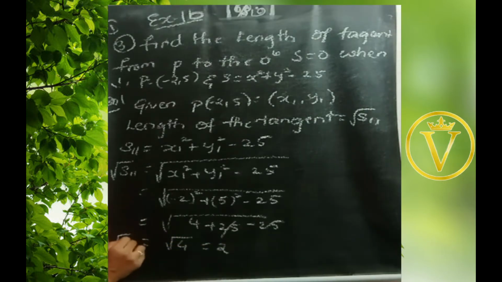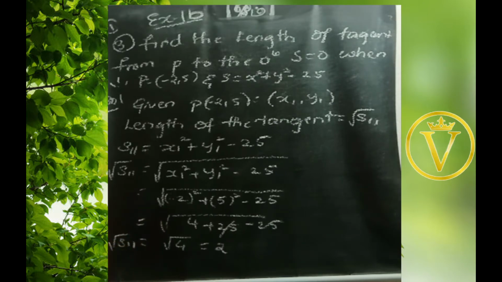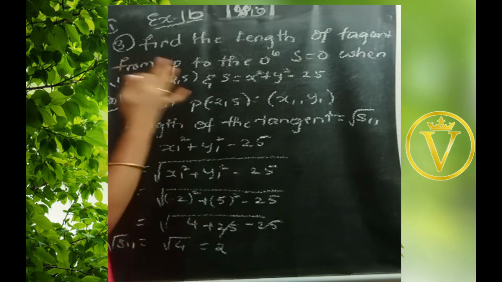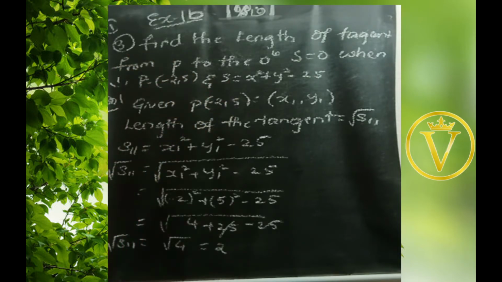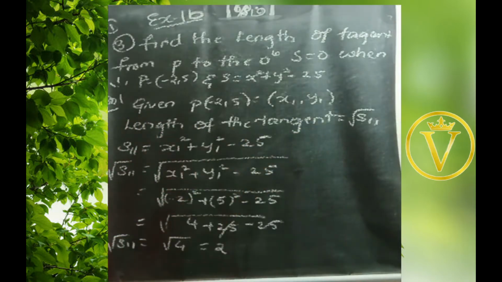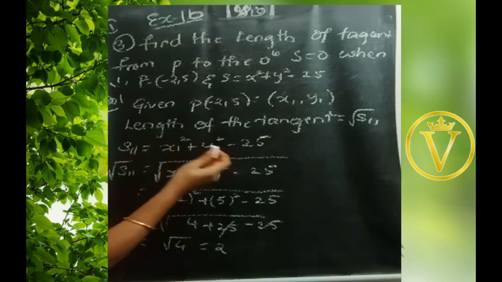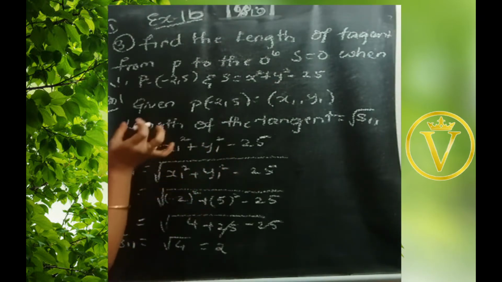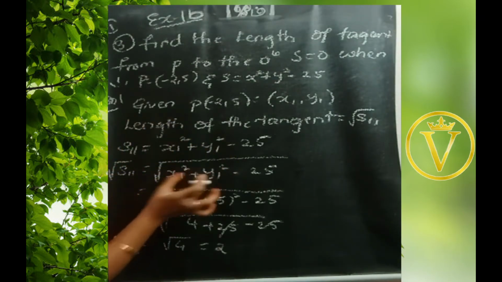So root S11 is 2. Simply, you can find the length of the tangent when they have given the point and the circle equation. We have to use the formula: length of the tangent is root S11, and substitute the point P in x1 and y1.